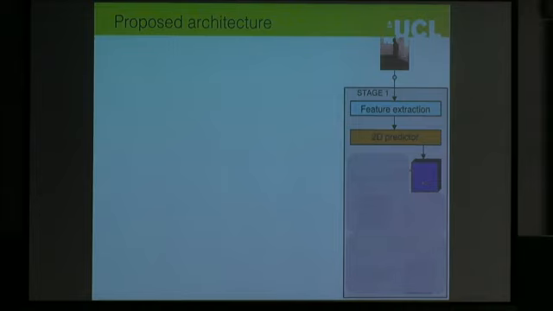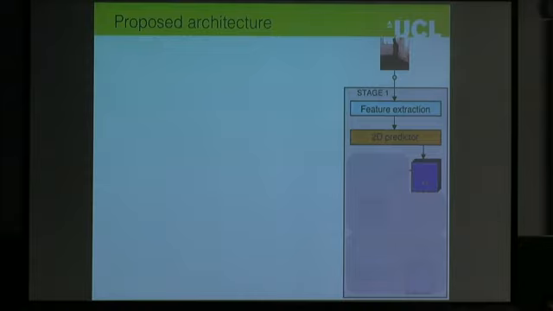So what does this architecture look like? We take an image as an input, and the first layers are feature extraction layers. These are all convolutional layers. We also have some 2D prediction layers that give us heat maps as an output.